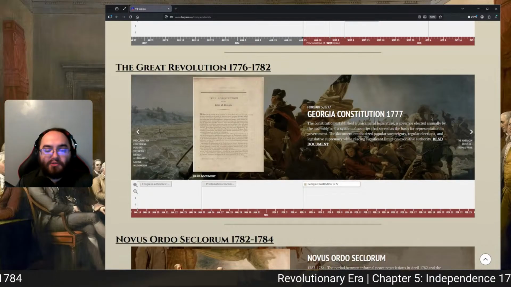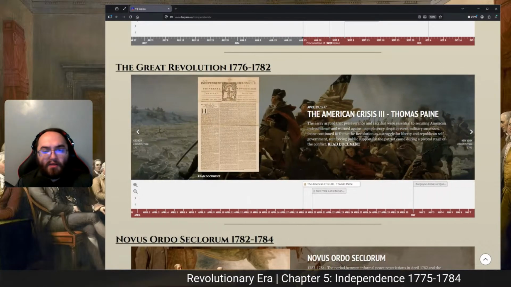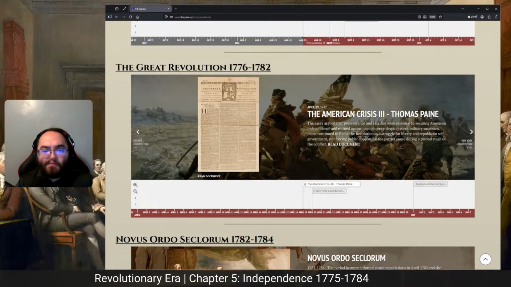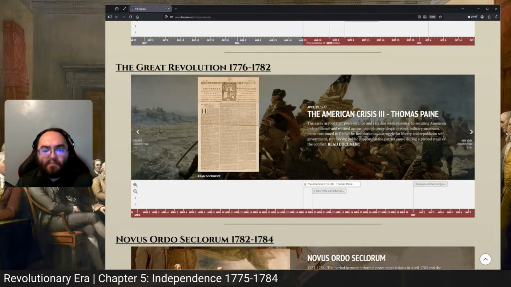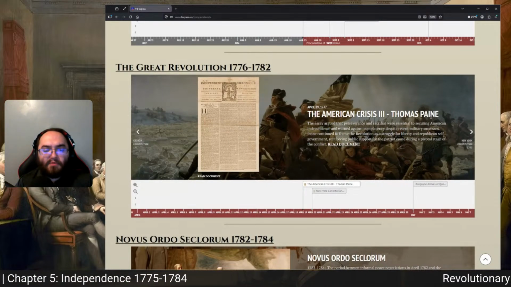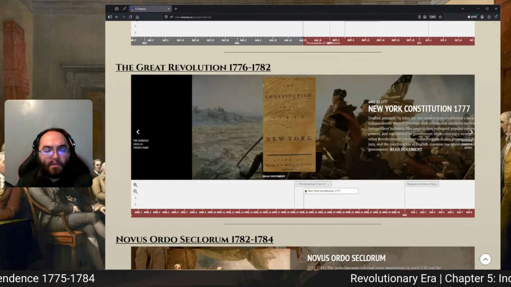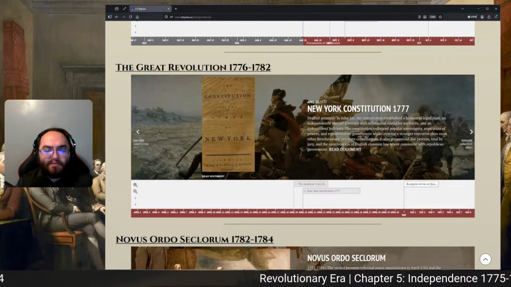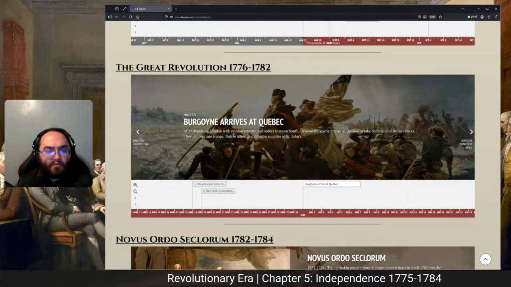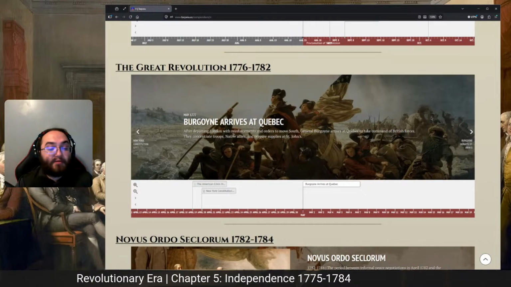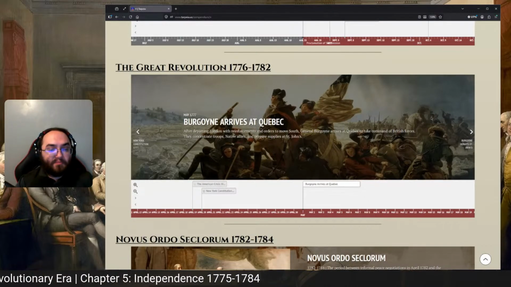You have the Georgia Constitution of 1777, American Crisis #3, talking about continuing the fight. New York's Constitution of 1777, Burgoyne arrives at Quebec. So General Burgoyne, he's a British general.